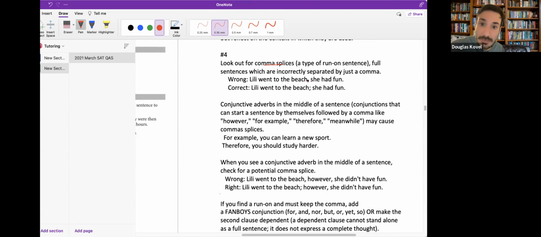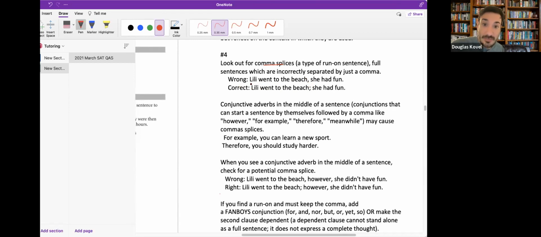I could have put a period there and had the full sentence, Lily went to the beach, and then another full sentence, she had fun. Because those can stand alone as full sentences, they're independent clauses, so I'm not allowed to just put a comma between them. One way I could correct that and still keep it one sentence is to put a semicolon, because remember I said semicolons could act as periods. That's the basics of comma splices.